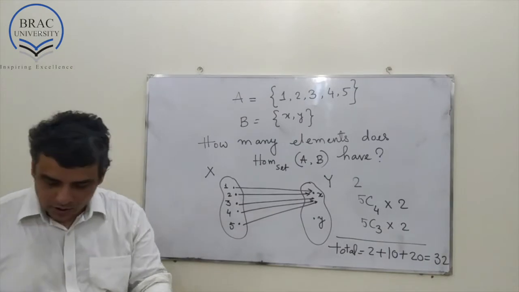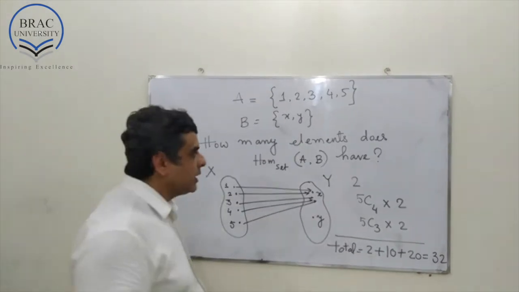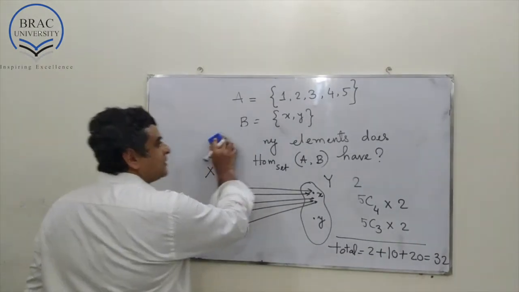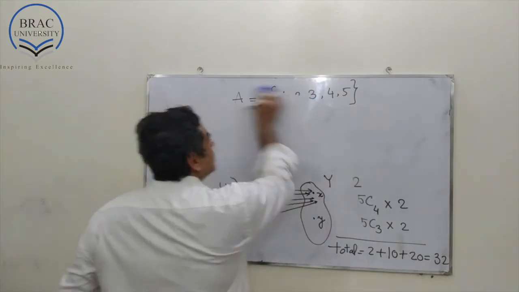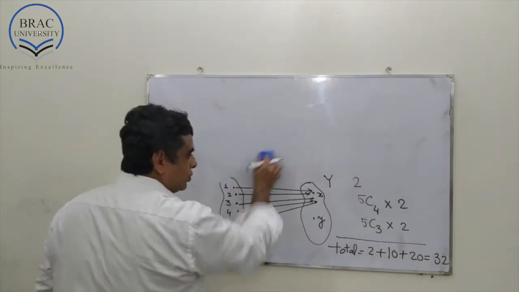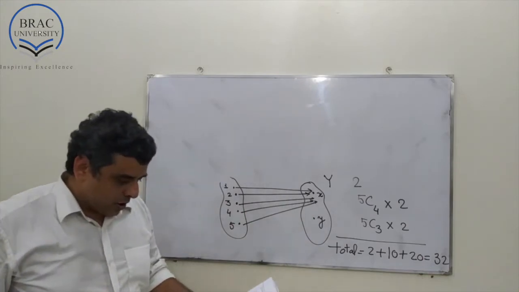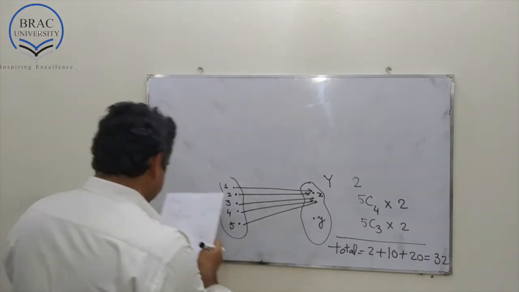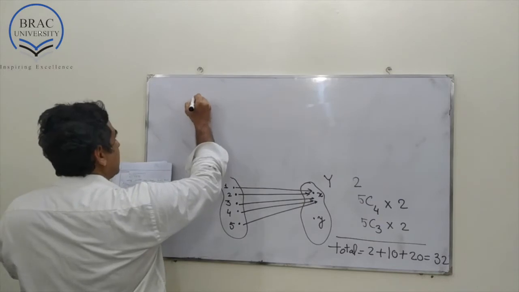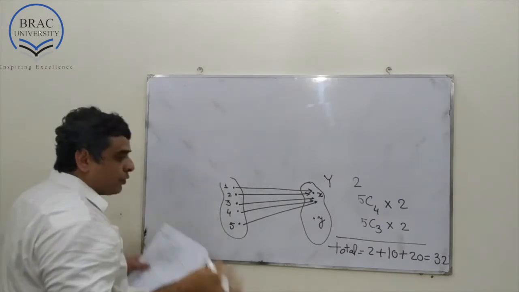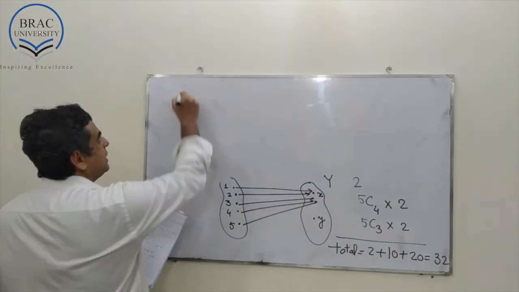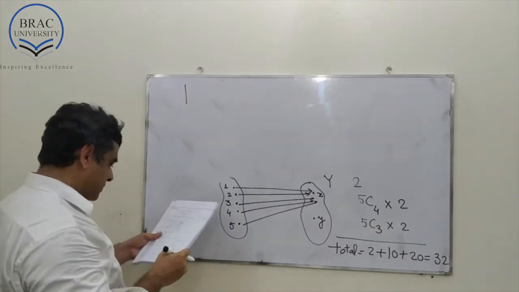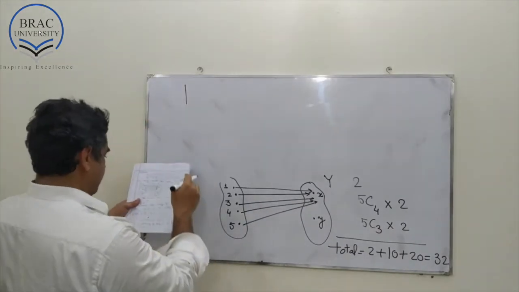Alright? So there is a cleverer way to count the number of elements in this Hom set. Let me write it down for you. The number of elements in a finite set will be denoted by this vertical bar.